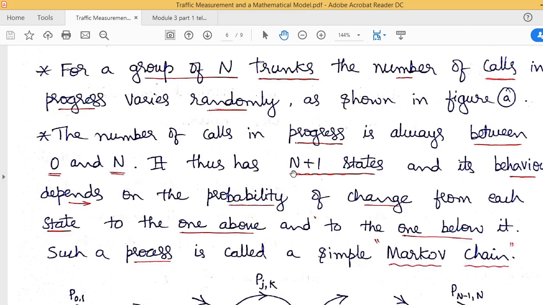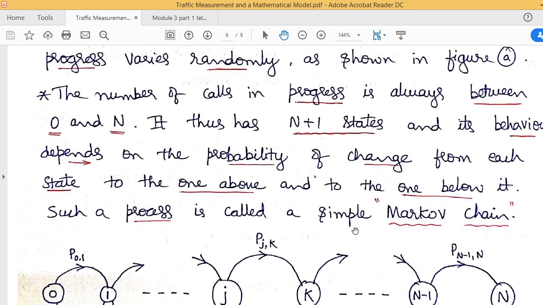So it thus has a total of n plus 1 different states, including 0, and this behavior depends on the probability of change from each state to one above and to the one below it. Such a process is called a simple Markov chain.